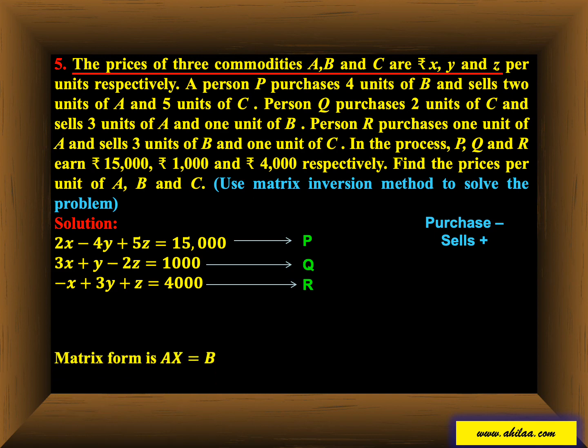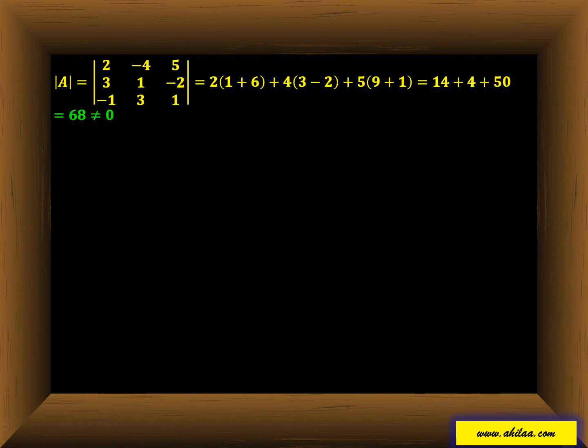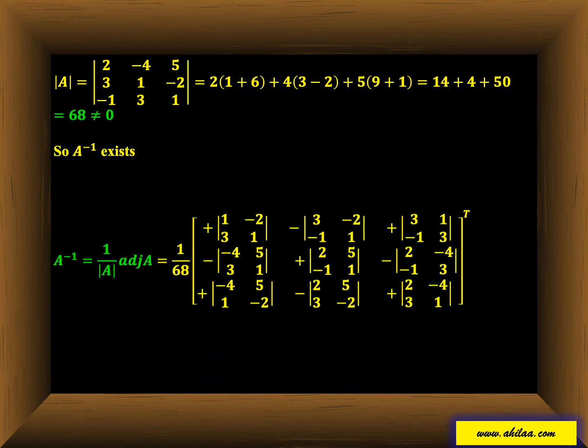So as usual, you follow the matrix inversion method. Matrix form is capital AX equal to B. So collect the coefficient matrix, variables matrix, constant matrix. Next we find the determinant value of A, which is 68, not equal to 0. Therefore A inverse exists.